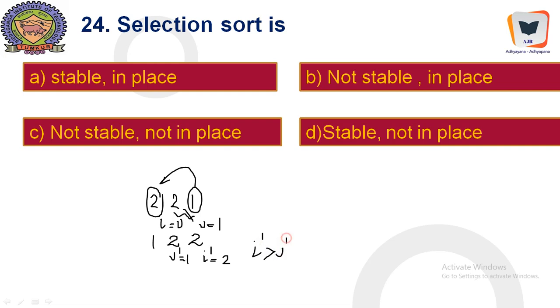Therefore, the relative positions of equal valued elements are not safeguarded. This will happen in some cases of selection sort, and here is a typical example. Therefore, it is not stable. But anyway, selection sort will happen within the given array. It doesn't demand extra space like merge sort. Therefore, it is not stable but in place. So B is the correct answer.